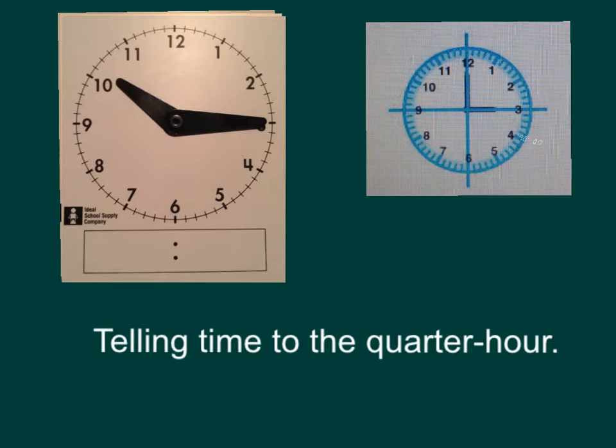Notice, boys and girls, that our hour hand before was right here, and it moved from here to here. When we look at what we learned just earlier, that we call this a quarter, our clock moved a quarter hour. So when we look at the clock like this, we know that it is about quarter after 10 o'clock, or about quarter past 10 o'clock.